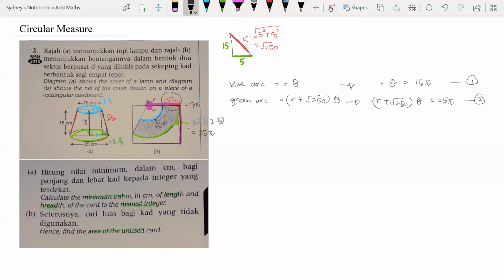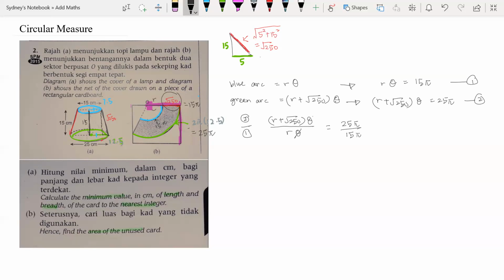So in order for us to get rid of one of the variables, the easiest one is to use division. So we shall take equation 2 divide by equation 1. That means on the left side, R plus square root of 250 theta divided by R theta equals to the right hand side, which is in proportion, 25 pi over 15 pi.